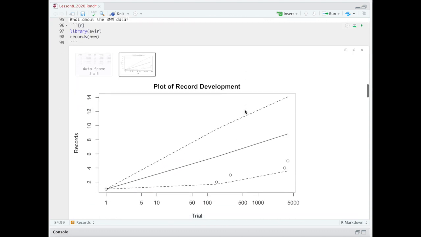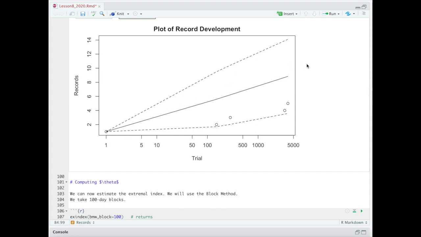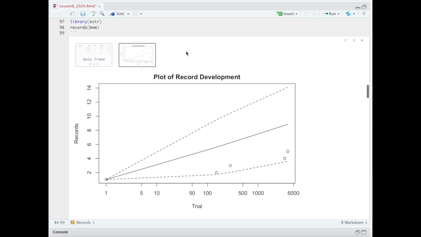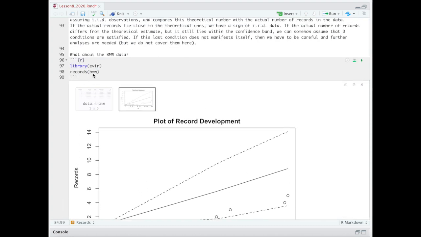Then what do you do? You can compare this theoretical behavior. So if your data are i.i.d., you would expect the records in the data to be on this line, okay? Consistently with the empirical law discovered by Gumbel. And here you see the points, they are taken from our BMW dataset.